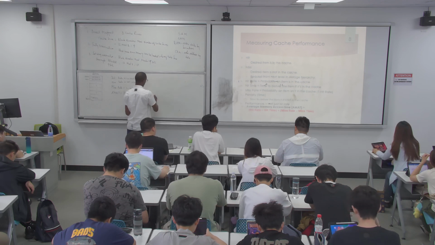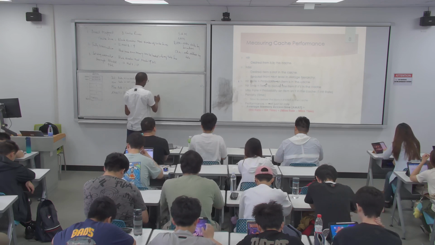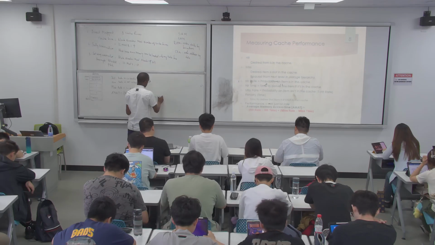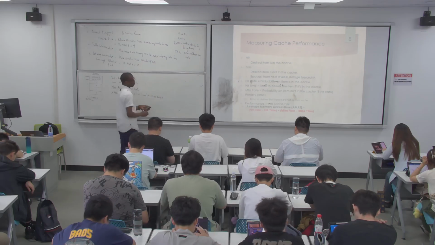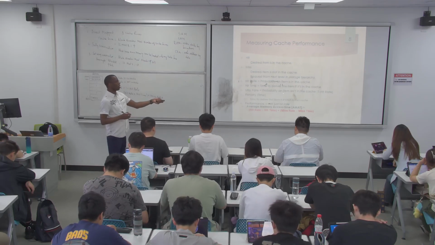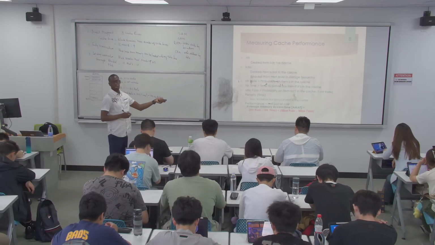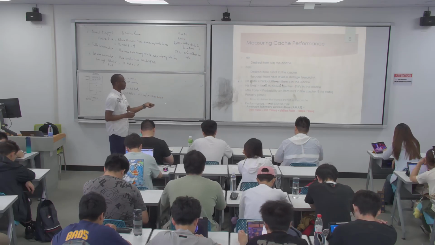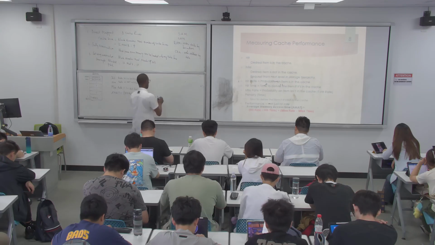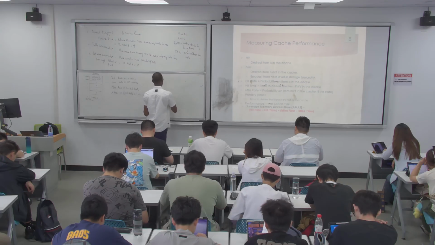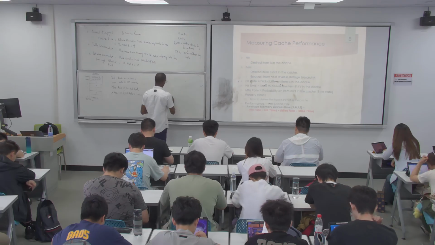The miss rate is the probability of not having an item in the cache, times the miss time. How long does it take the system to return the data if the data is not in the cache?